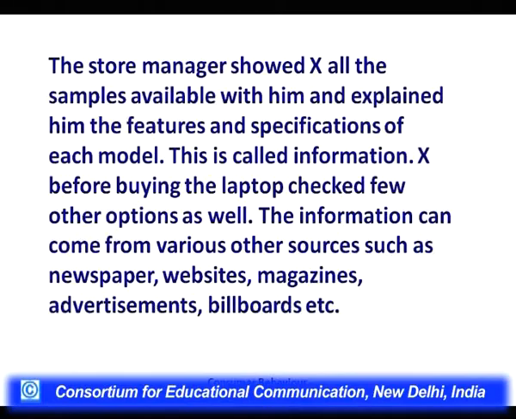The information can come from various other sources such as newspapers, websites, magazines, advertisements, billboards, etc. Now, we have discussed the information and the sources of information. There are various sources of information, and in the current scenario, we have many new things available to give us the information for a particular product or a particular service.